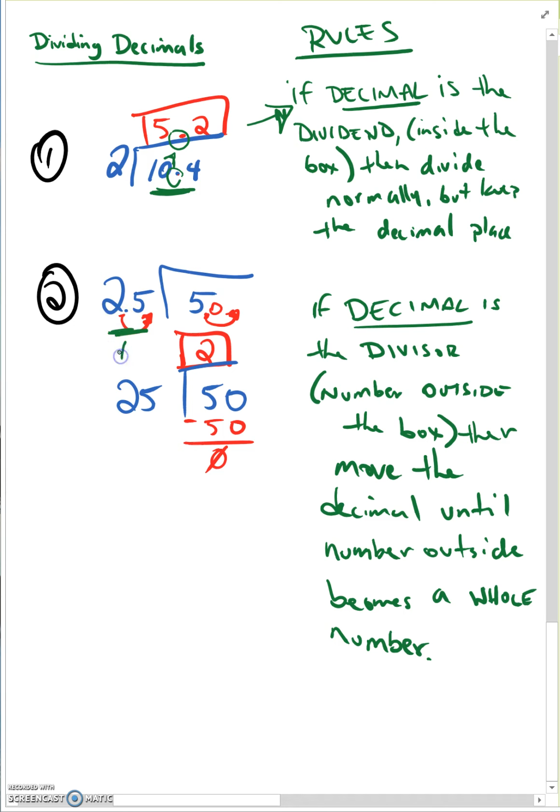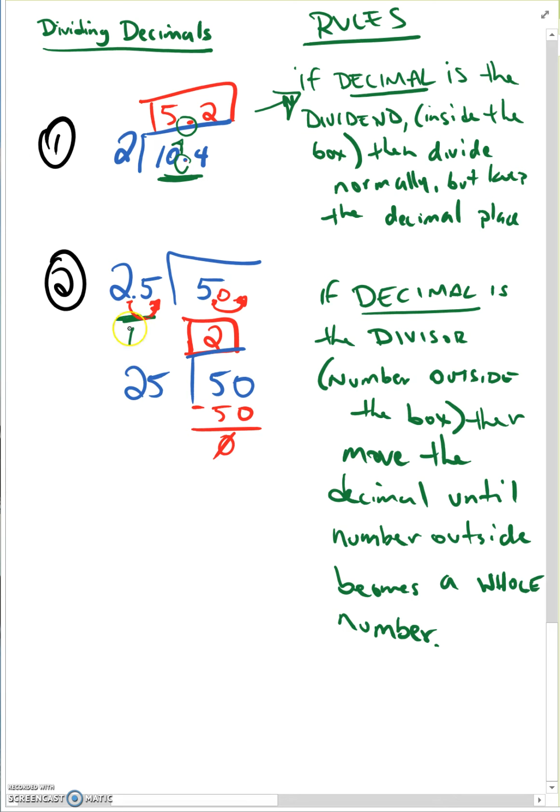Because we moved it one time, we would move the imaginary decimal here also one time. Then this would become 25 into 50, and naturally the answer to this would be 2. And that's the answer. You don't have to do anything after that.